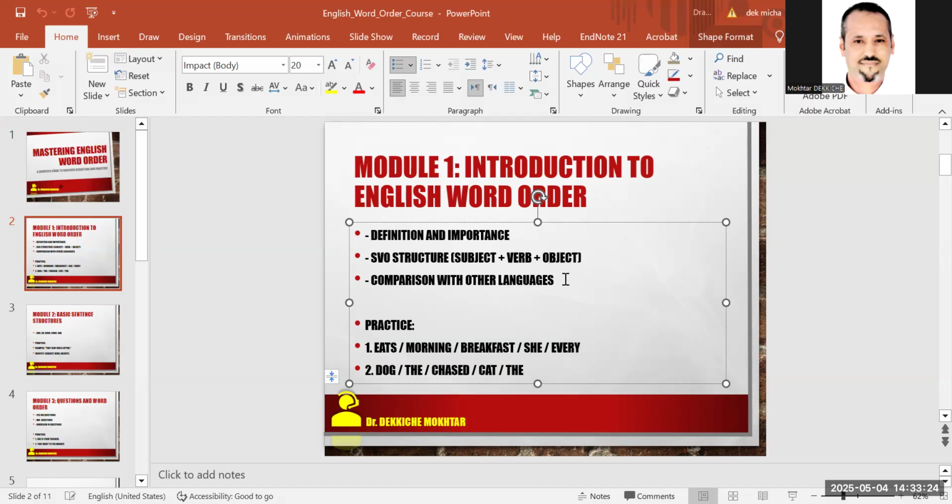This order is typical in English and helps sentences make clear sense. For instance, she eats apples. She eats apples. Let's write this here. She eats apples.